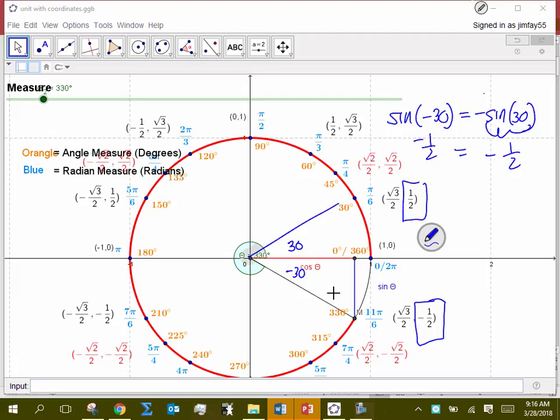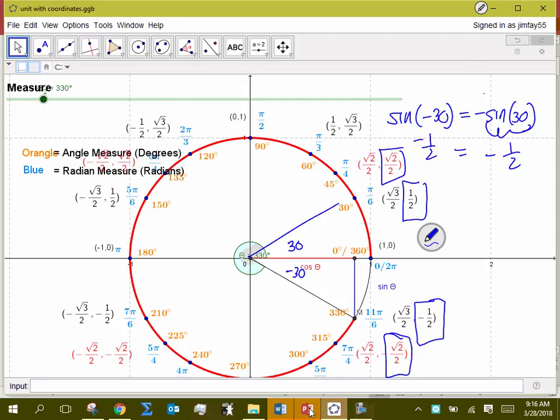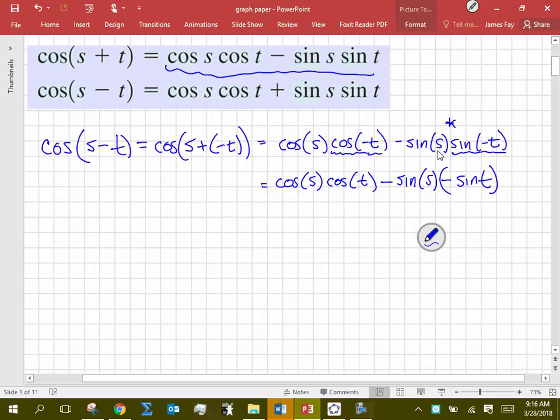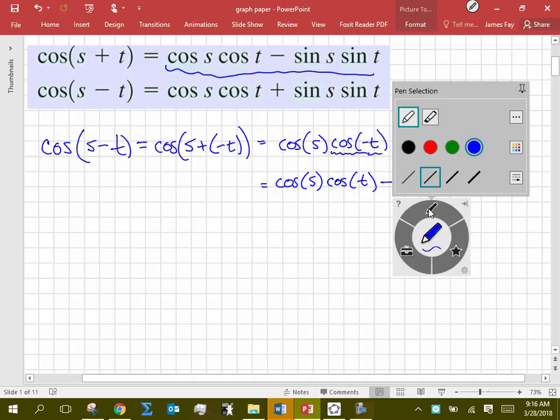Is that doable for everybody? If you compare all y values of positive angles and negative angles, they should have that relationship: one is positive, one is negative. So getting back to this, that's why we were able to make this negative sine t. So now, what's a negative sine s times a negative sine t?